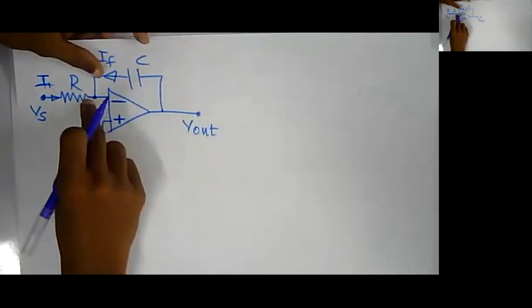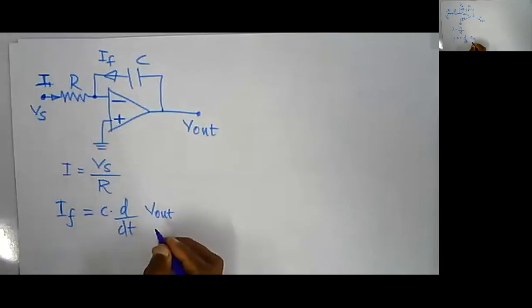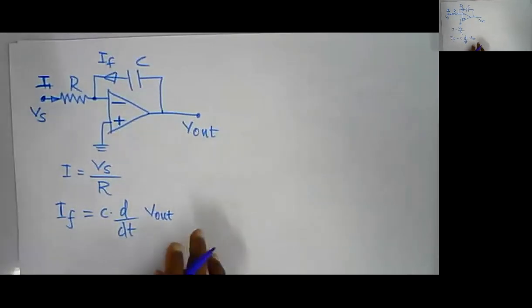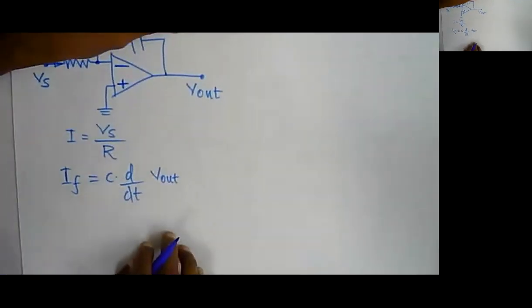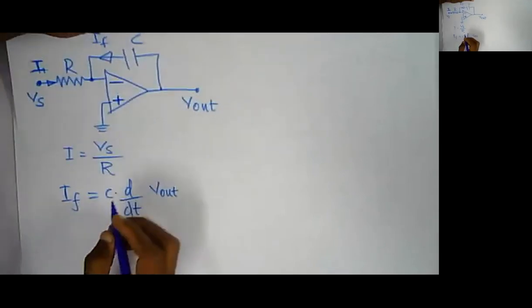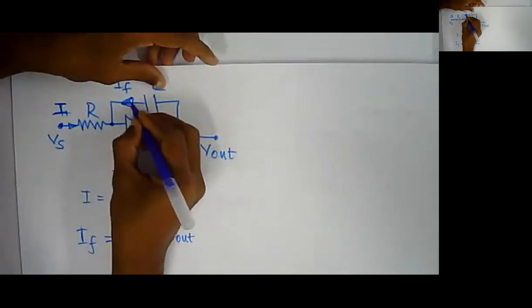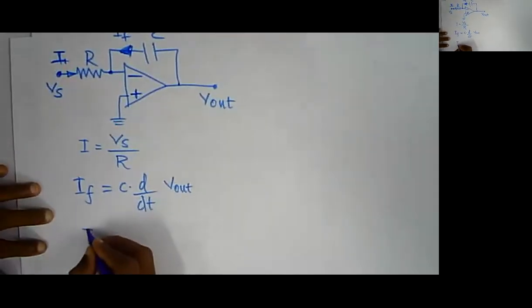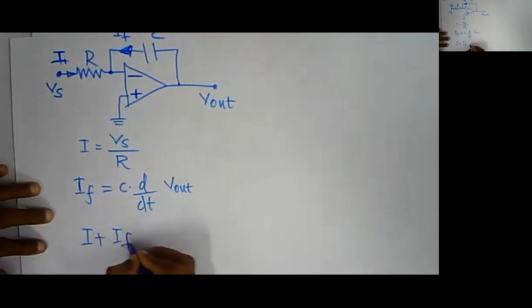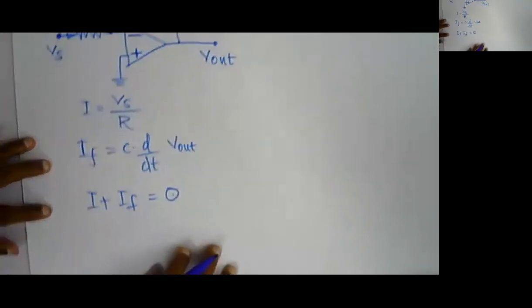So V out minus 0 will be V out. Of course, this V out must be a function of time, but we'll mark it as this one, and since it is Vs, we'll mark it as Vs. Again, by applying Kirchhoff's current law at this point, both currents are incoming currents, so I can say that I plus IF is equal to 0.